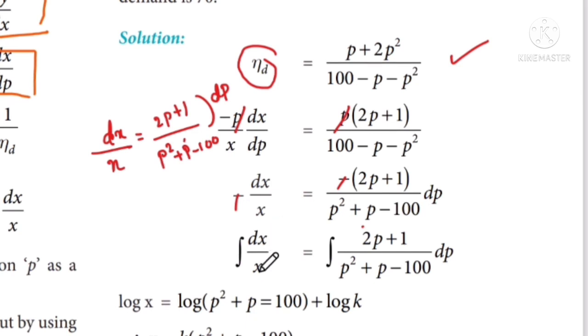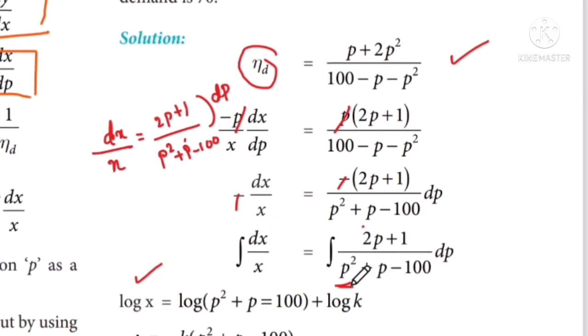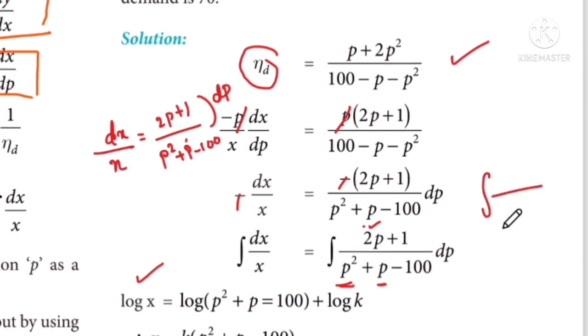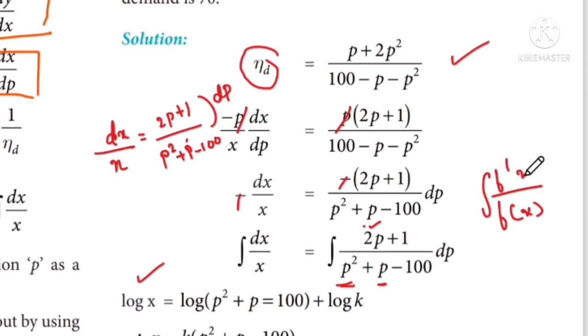So now integrate. Dx by x integrates to log x. And look at this, p square: differentiation is 2p. P differentiation is 1. So there is a formula: if the differentiation of the denominator is there in the numerator, then the integral is log of the denominator.